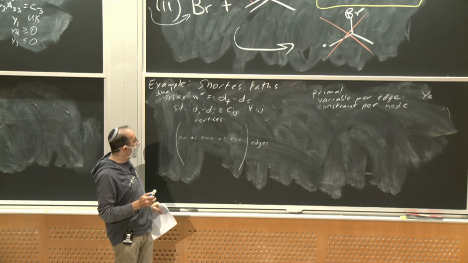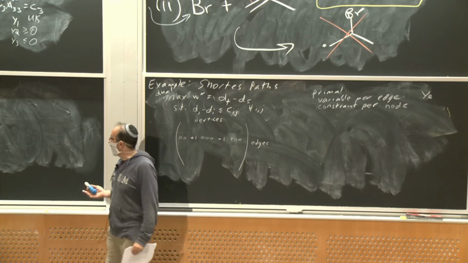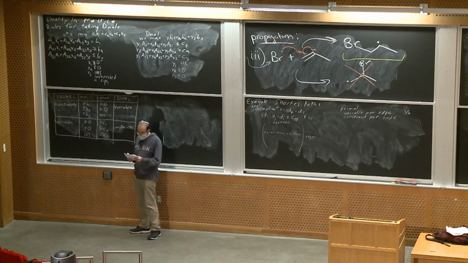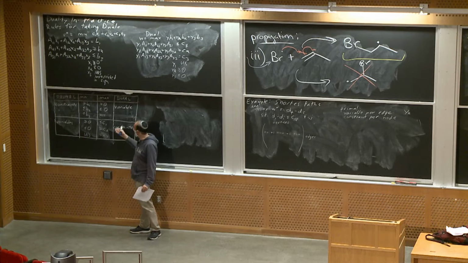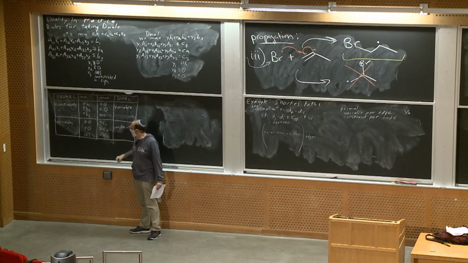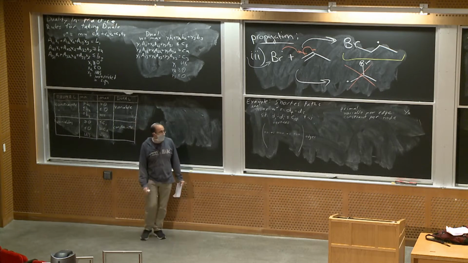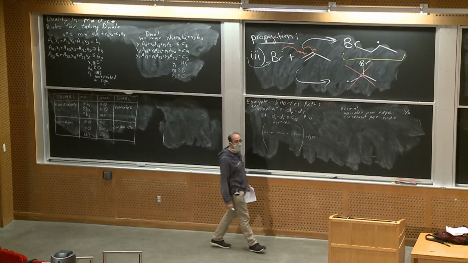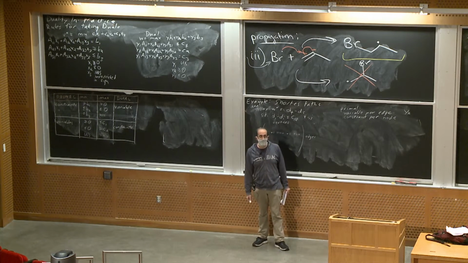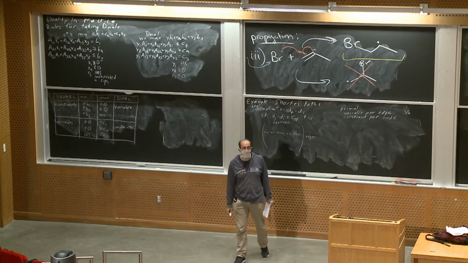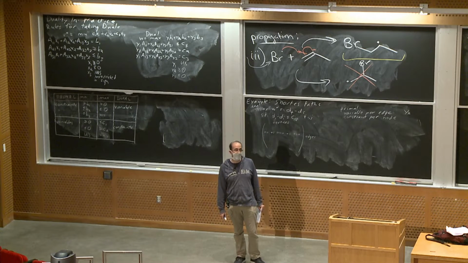Now, what kinds of variables are these? We've got non-negative, non-positive, and unconstrained. What kinds of variables are we going to use in this primal? How do we figure that out? All our constraints are less than constraints.